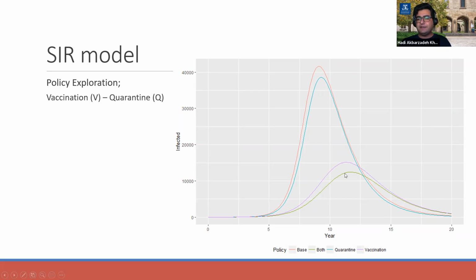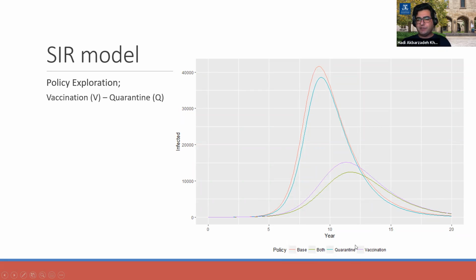So if the infected people are the stock of interest for us, we can see, for example, if none of this is happening, which is the base model, you have so many infected people.